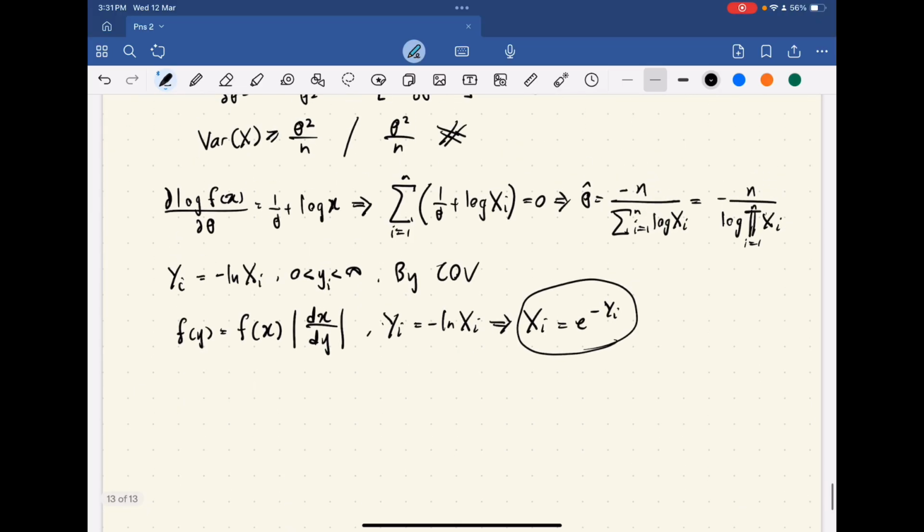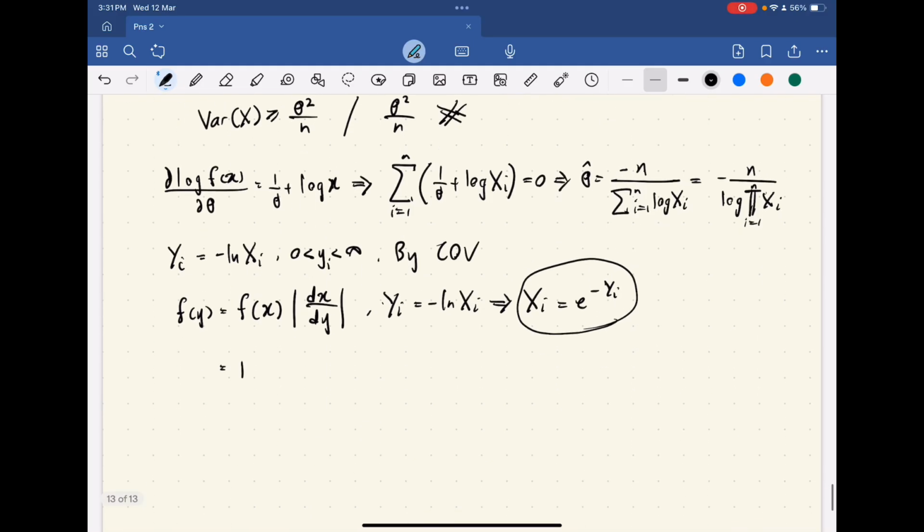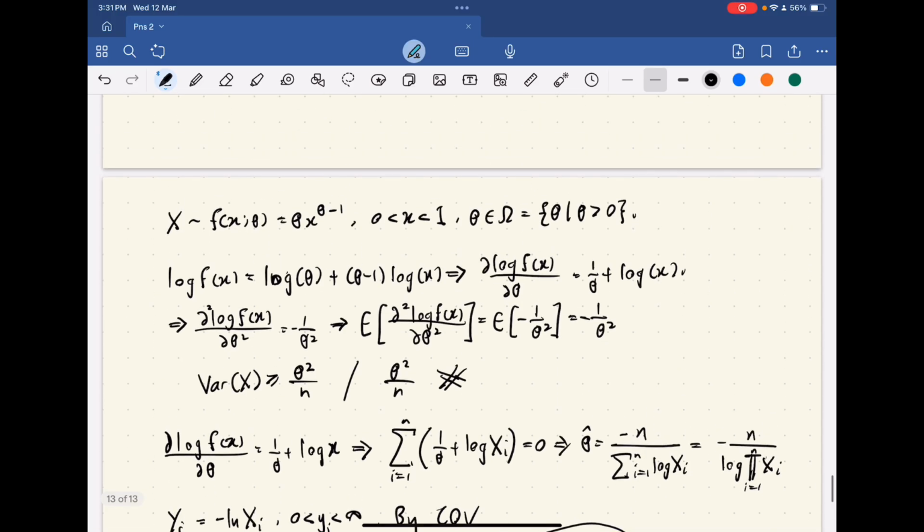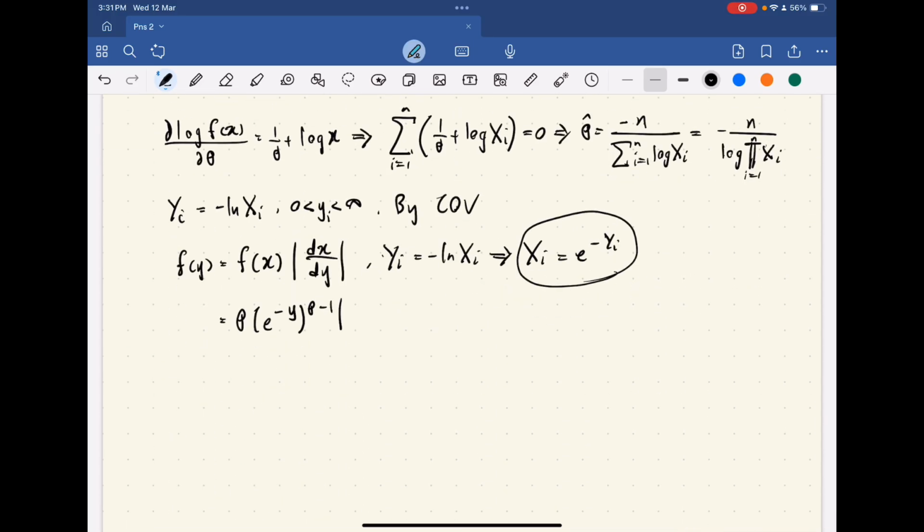Alright, so you will have theta times e to the y, raised to the power of theta minus 1, and you multiply it with the absolute value of the derivative of this. So dx over dy is negative e to the power of negative y, but this is the absolute value.